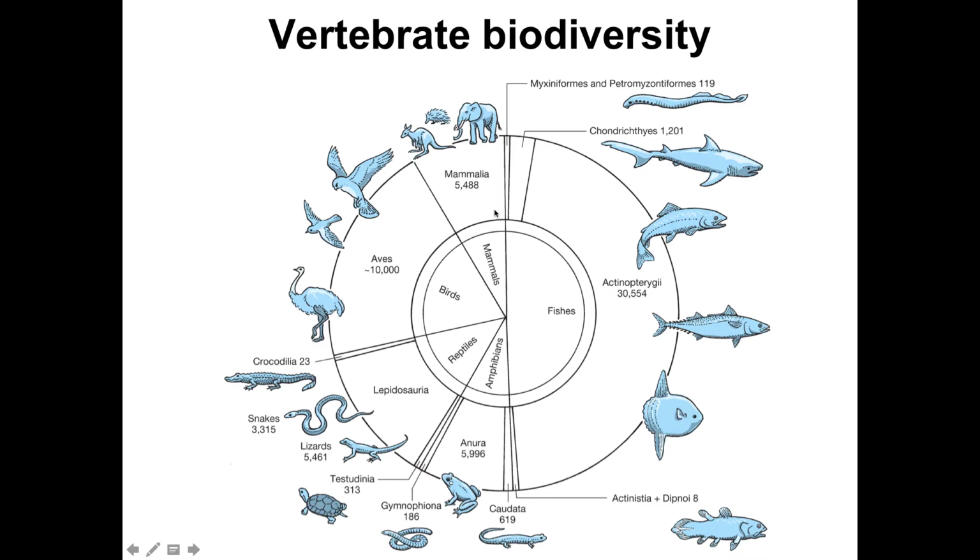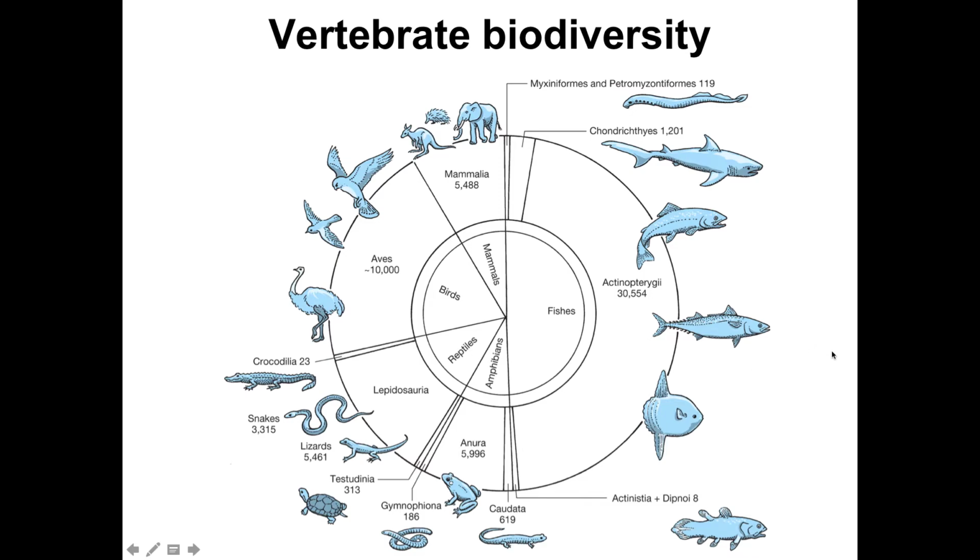Of the 63,000 living vertebrate species, around half are fishes, and most of those are bony fishes, belonging to a single lineage, the Teleostei, of which there are more than 30,000 species.